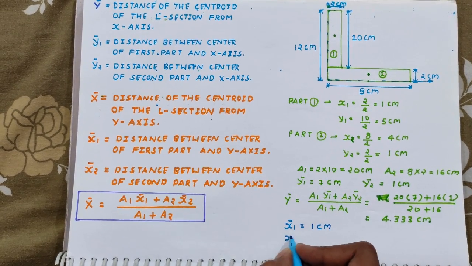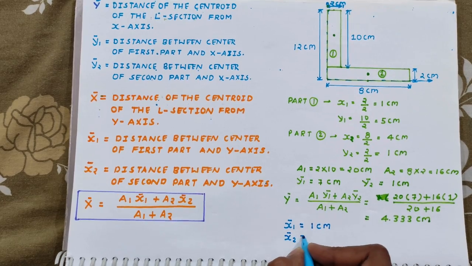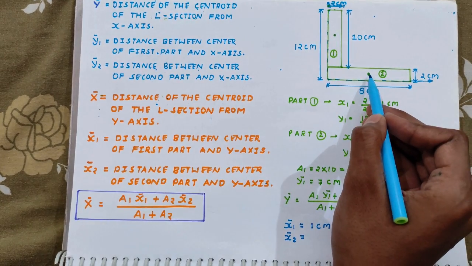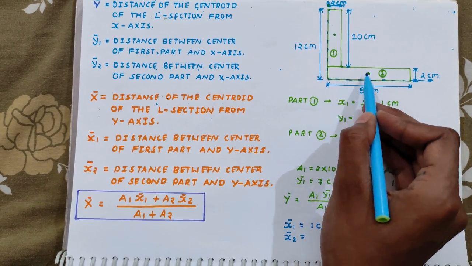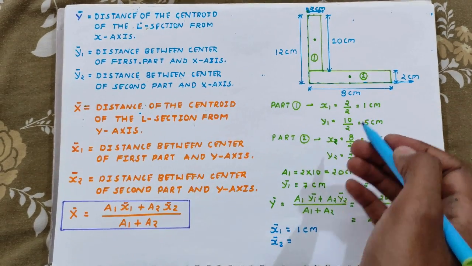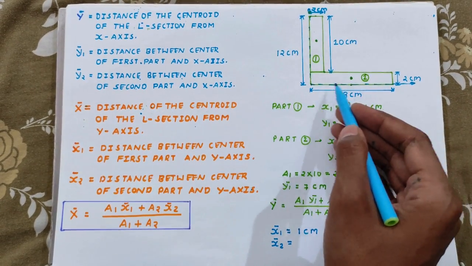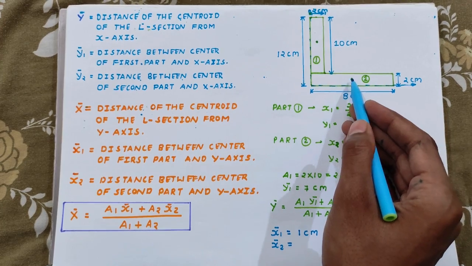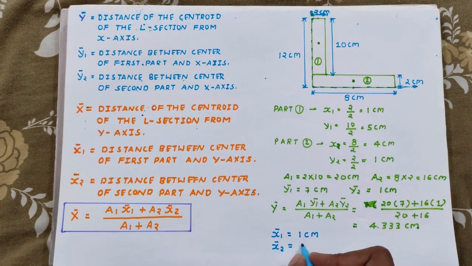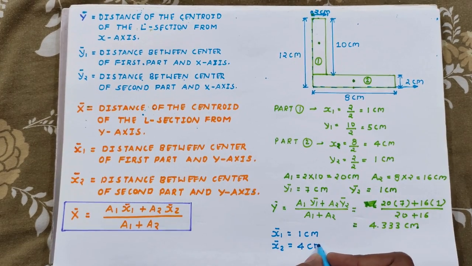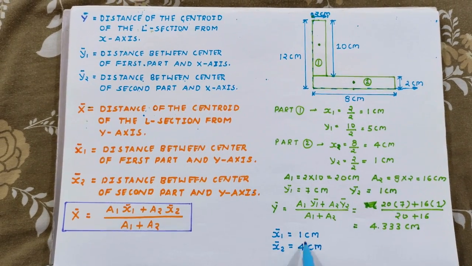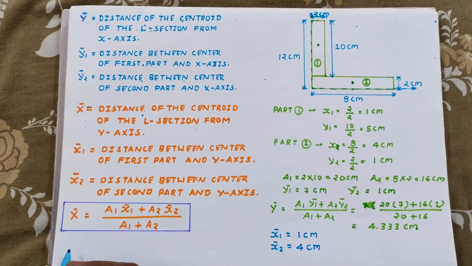And x2 bar is also equal to the distance from the center of the second part to the y-axis. So x2 bar is equal to half of 8 centimeter, from here to here, which is equal to 4 centimeter.